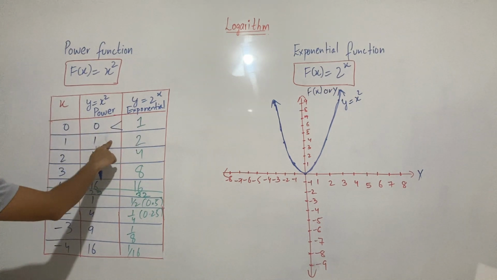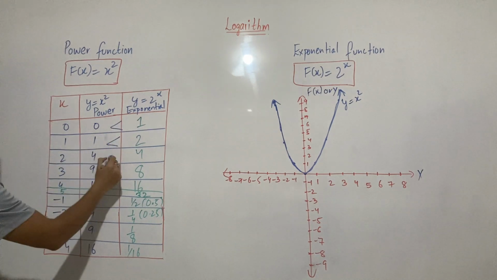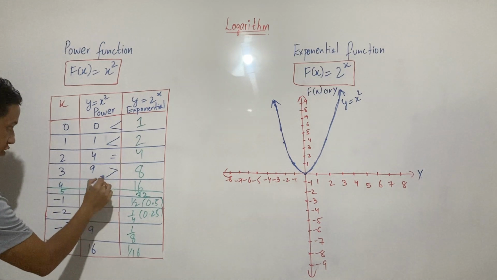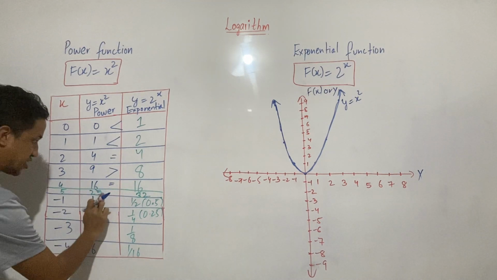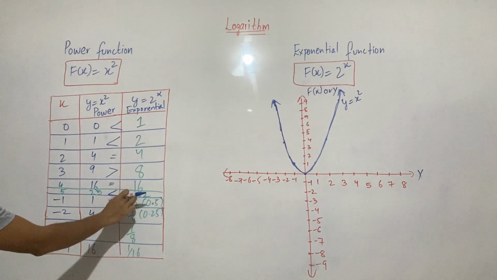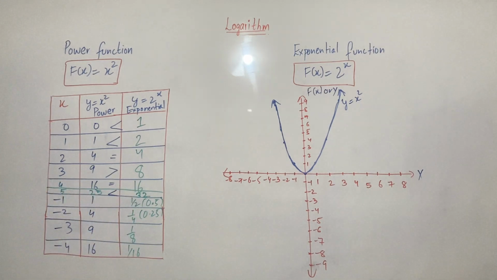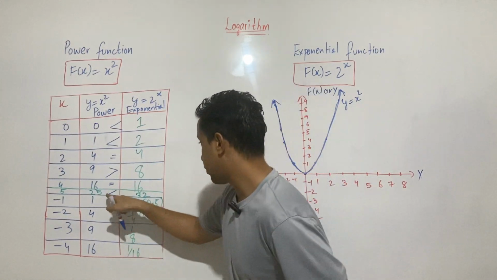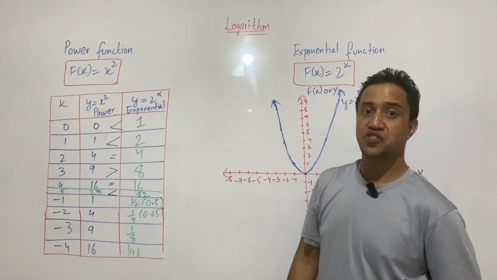Here again the higher value. Here they are equal. But from this point, it will completely overtake this power function, and after the point where they meet, this exponential function is going to be unstoppable.